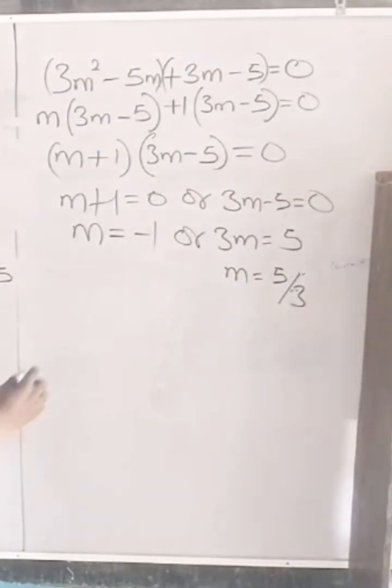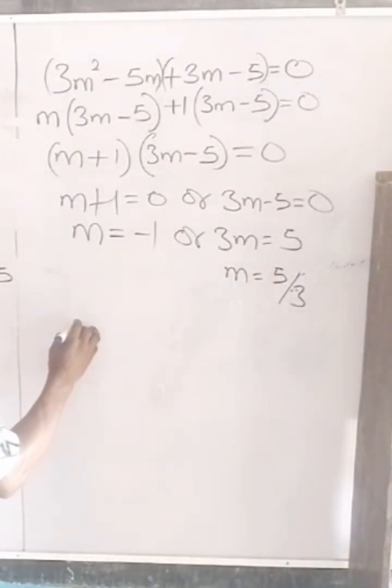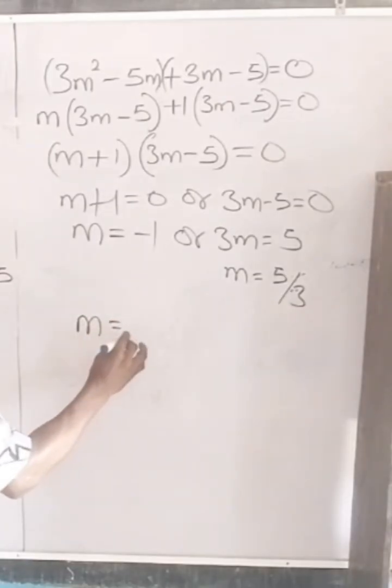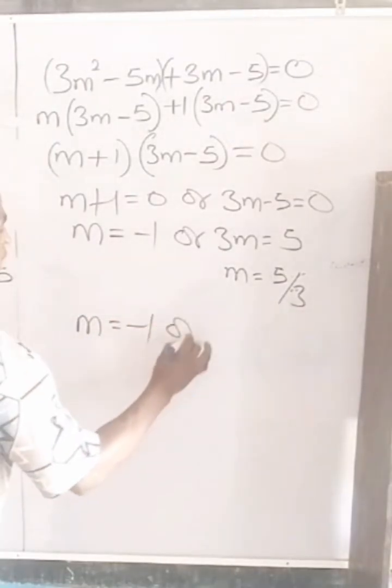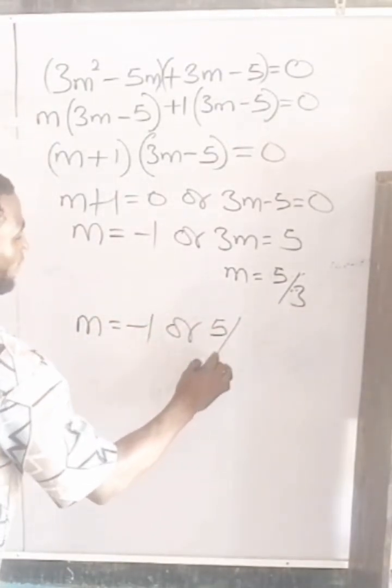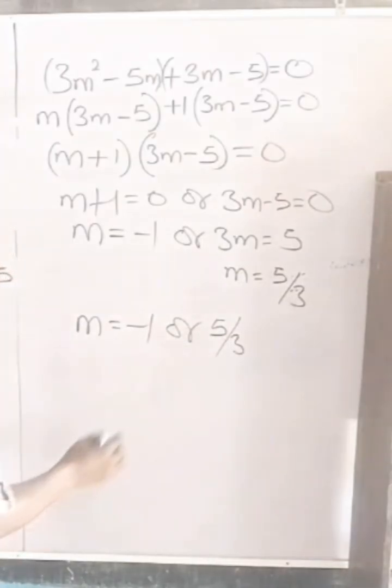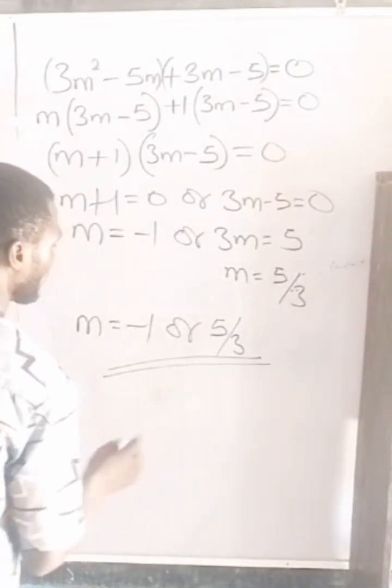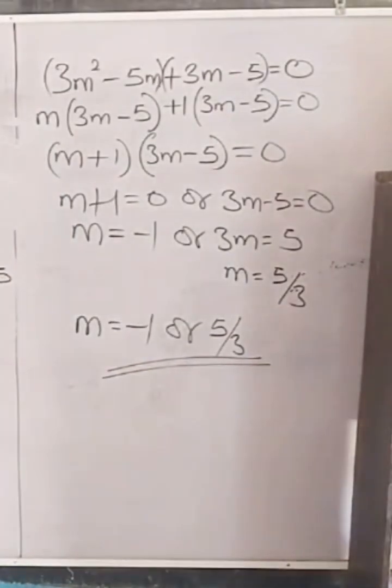So in conclusion, we can say that the value of m is equal to minus 1 or 5/3. So these are the values for which this quadratic expression is said to be undefined.